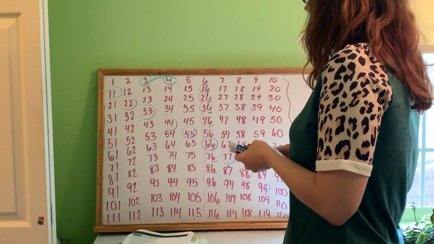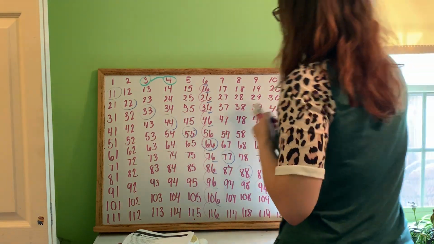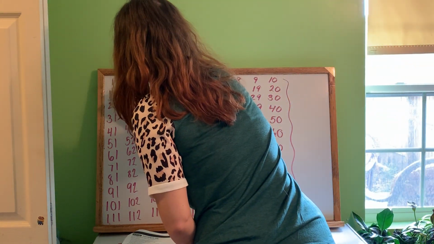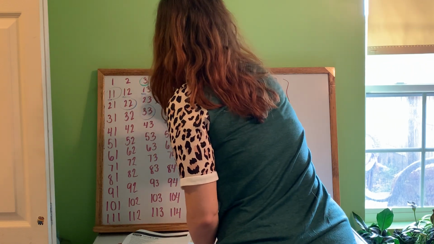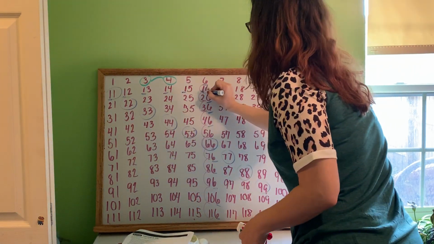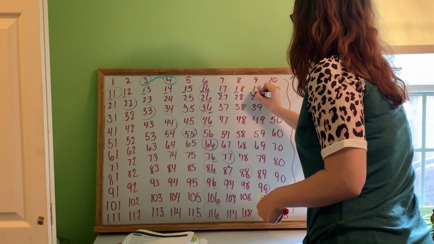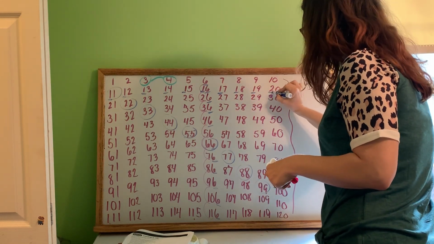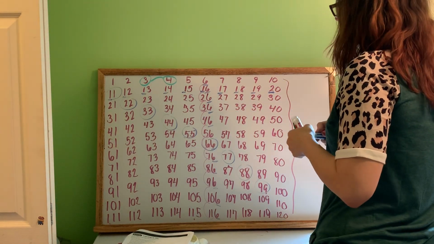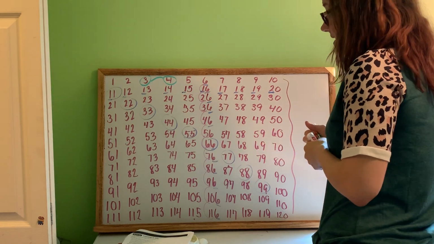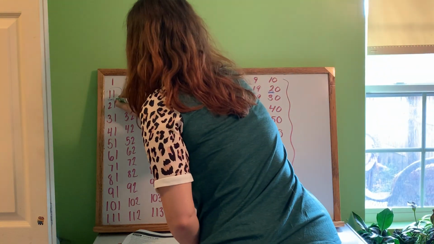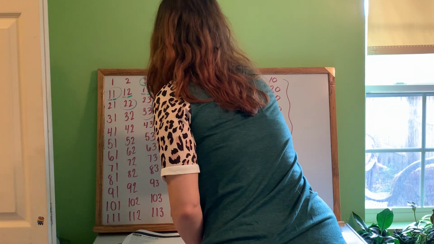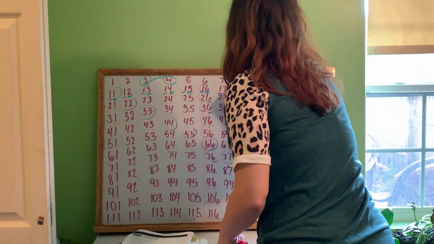But when we look across in a row, the tens place is what stays the same until you get to the last number in the row. And the ones place is what we have changing, and that's going up by one.